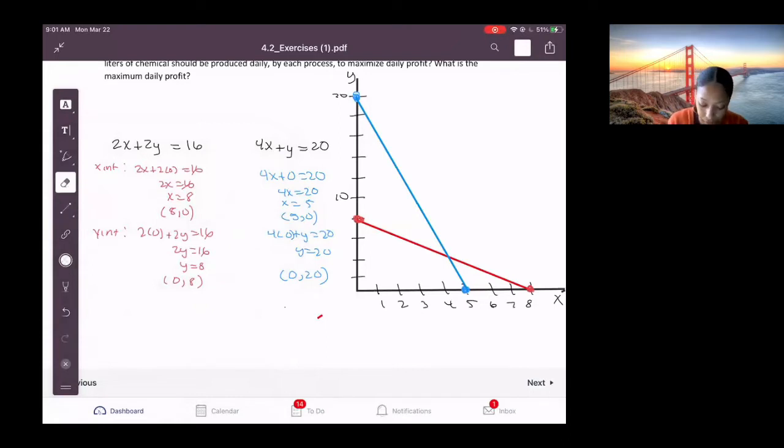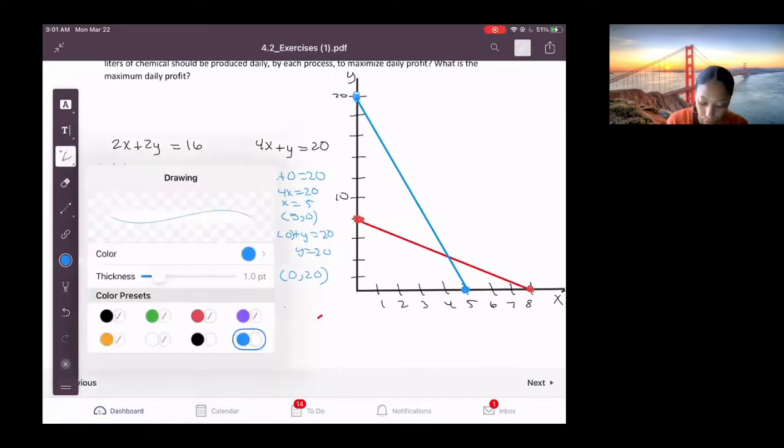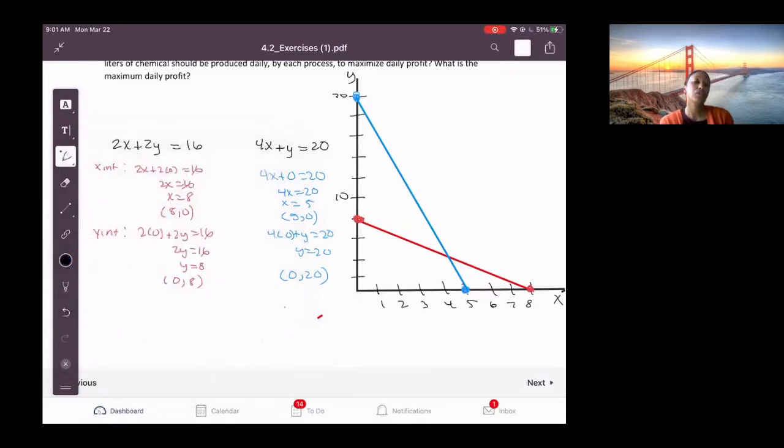All right, we want to pick a test point and determine which side of the line we should shade in. Should we shade in everything under these lines or everything above these lines? Remember, both of our inequalities were greater than or equal to, okay?